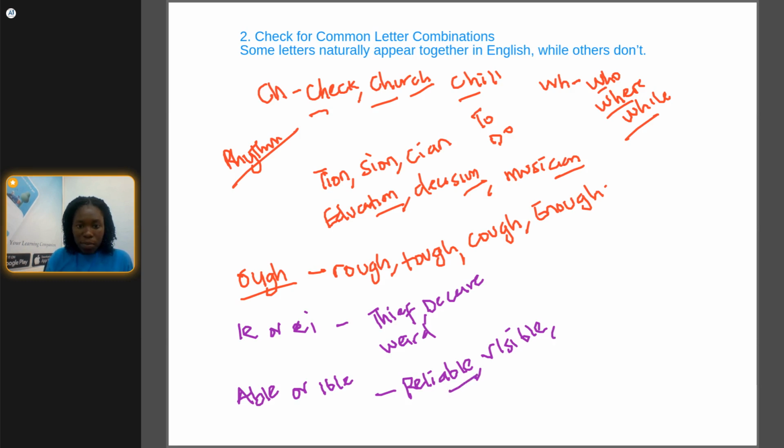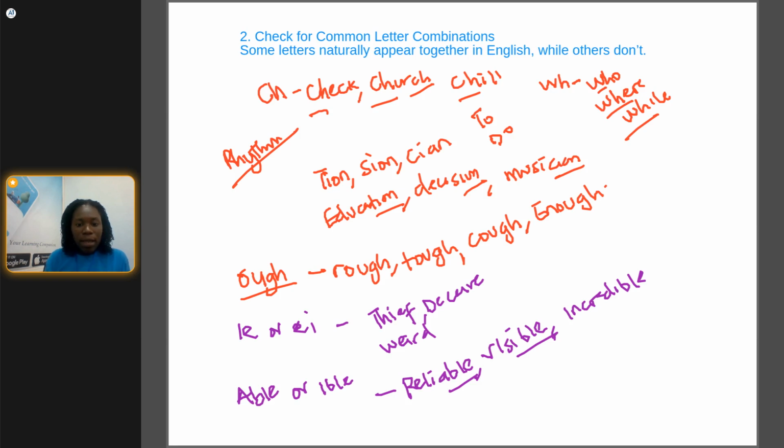This one ABLE, this one IBLE. All right, incredible. So letter combinations of ABLE or IBLE. When you see these options, you know that these words are possibilities.